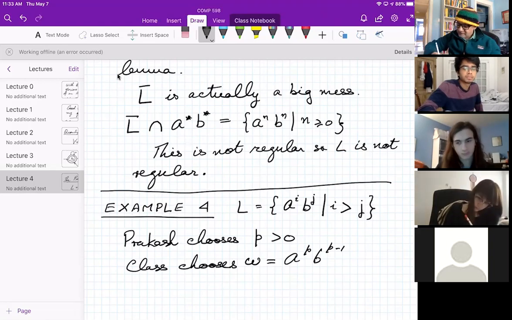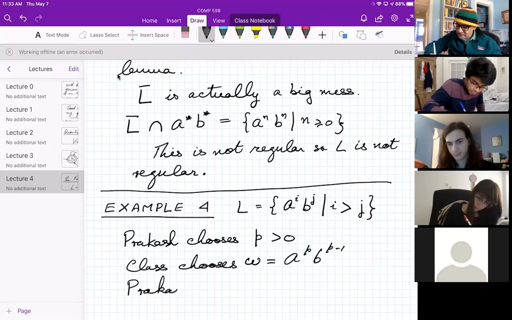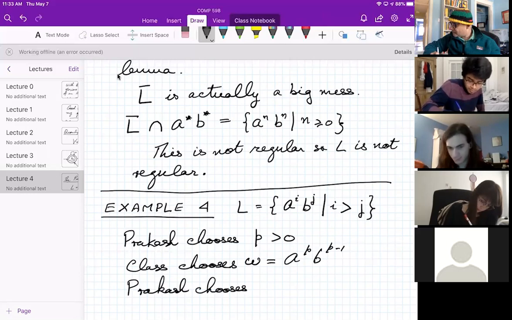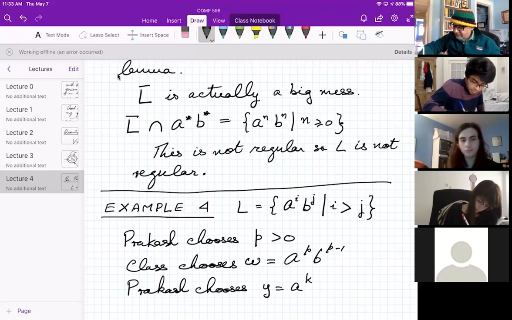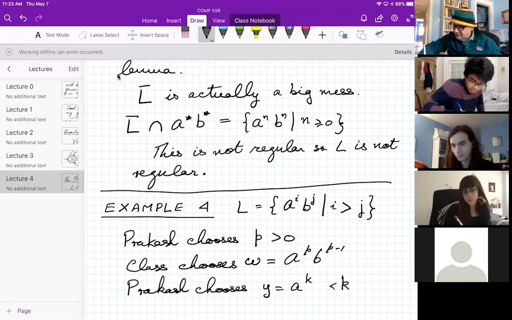So the demon chooses y equals A to the k. Doesn't matter really what x is. And what do we know about this k? It's strictly greater than 0. It's less than or equal to p. It could be all the way up to p.